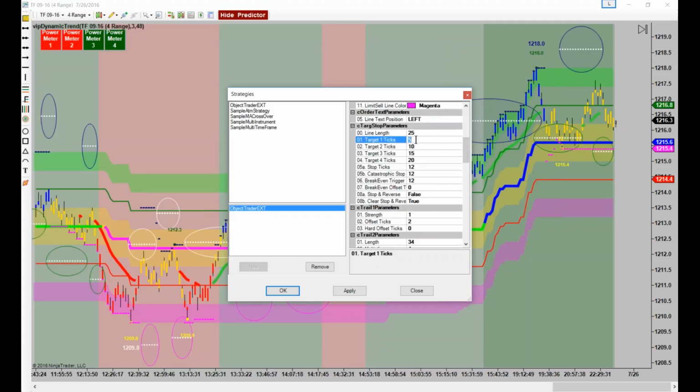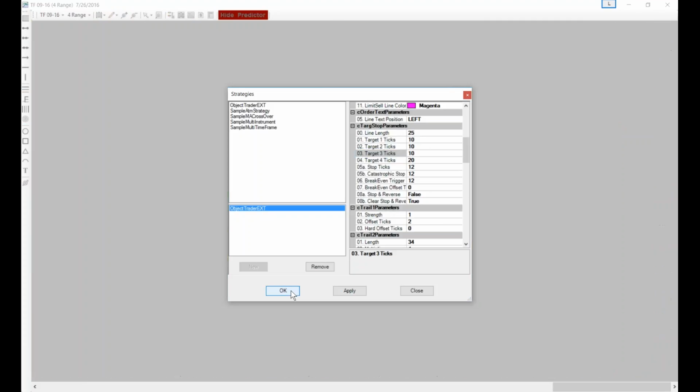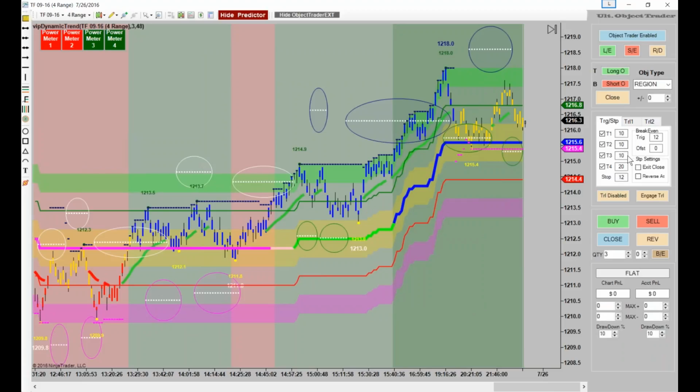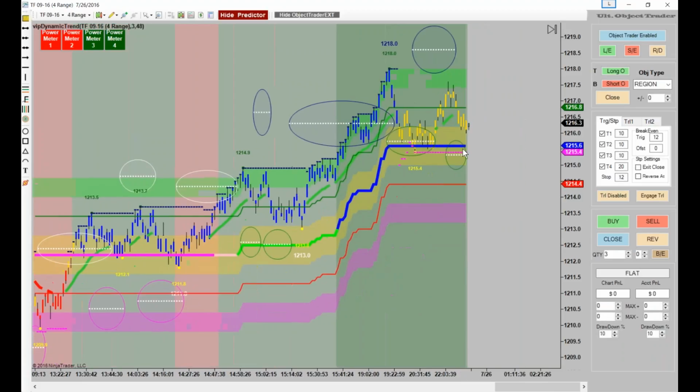We'll just put 10 ticks on our first target, and we don't care about the rest of them because we're just simply going to go for 3, and we can put 10 on all 3 of these, so that'll be all of our targets, just 10, 10, and 10. That way it doesn't go for 5 ticks or anything like that. We're just going to strictly try to get 10 ticks. And if we can do that, that's $300 a trade. Okay, so let's go ahead and see if we can do that. 10, 10, and 10, 3 contracts.